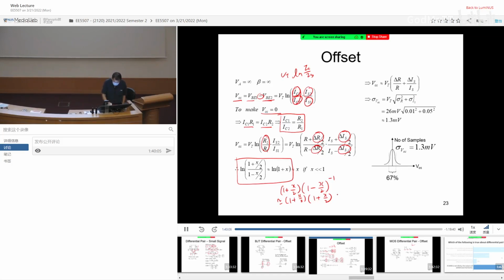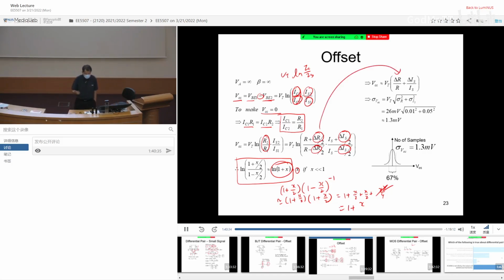And then you expand this, you're going to have 1 plus x over 2 plus x over 2 plus x squared over 4, but we don't care about higher order terms, so you end up having 1 plus x. And then ln(1 plus x) is approximately x, as the mathematician also tells you. So therefore this can be expanded and becomes something like this.